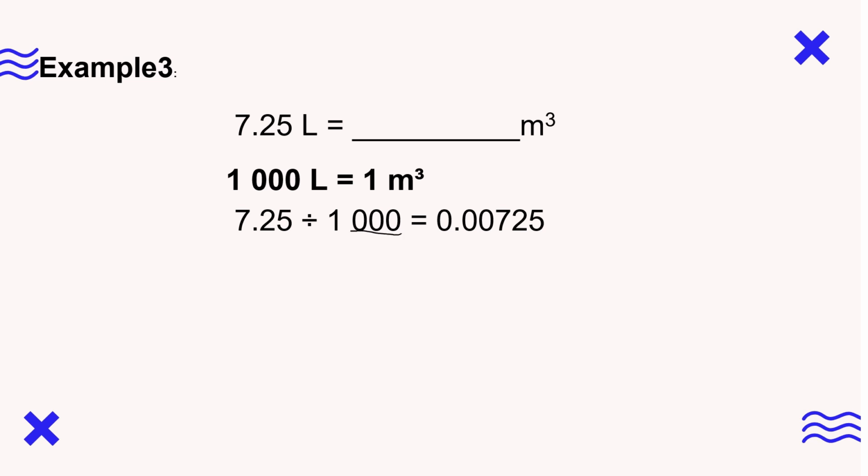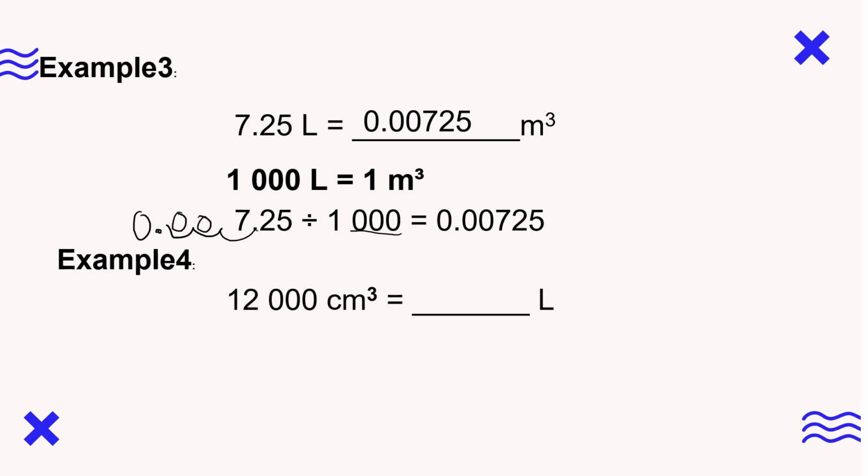Para mag-shortcut tayo, move natin na decimal point going to the left. Ilan? 3 din. So, 1, 2, 3. So, lagyan natin ng 0, then decimal point 0. Therefore, 725 liters equivalent to 0.00725 cubic meters.